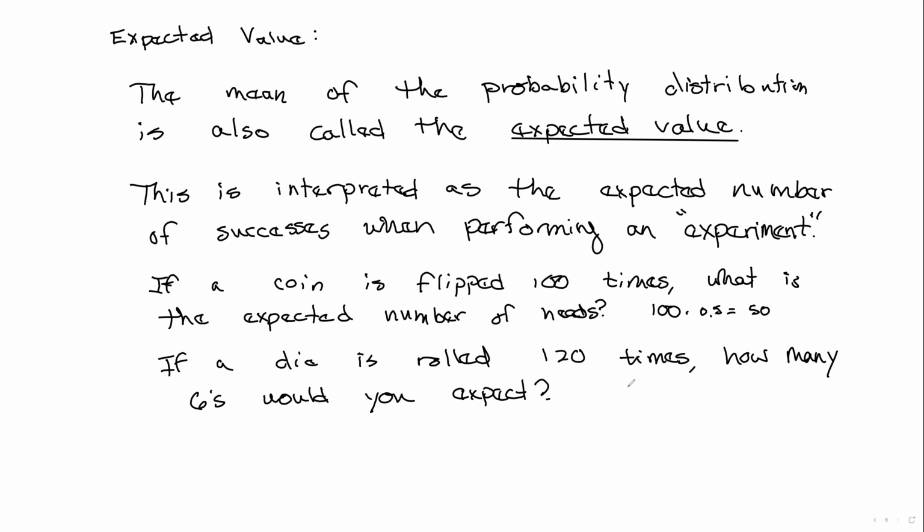Well, to figure that out, you take 120, the number of trials you're doing. And then what's the probability of getting a 6? If you roll a die, there are 6 things on the die, and only one of them is a 6. So 1 out of 6 is the probability of getting a 6. Then you multiply those and you get 20. So if you rolled a die 120 times, your guess would be 20 sixes.